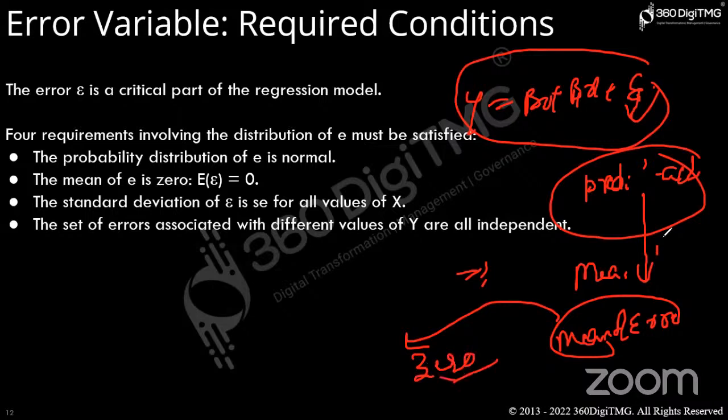The mean of the whole errors, whatever the model you are predicting, if you find the difference between predicted and actual and calculate the mean of those, it will always equal 0.